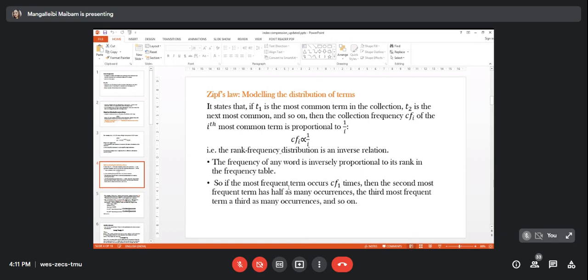So there is an inverse relation. If your rank increases, then your frequency will decrease. If your document frequency increases, then your rank will decrease. So that shows an inverse relation between these two terms.